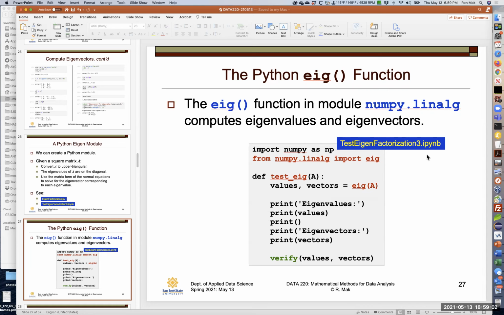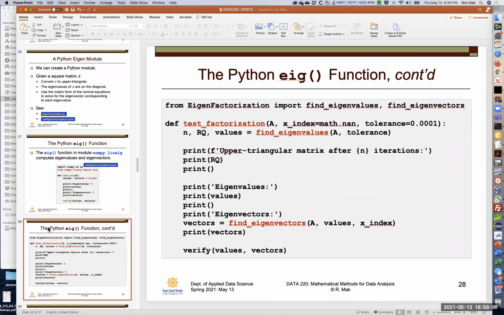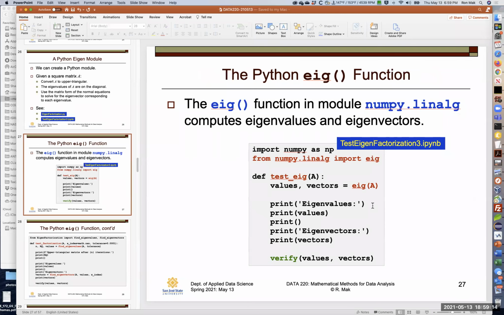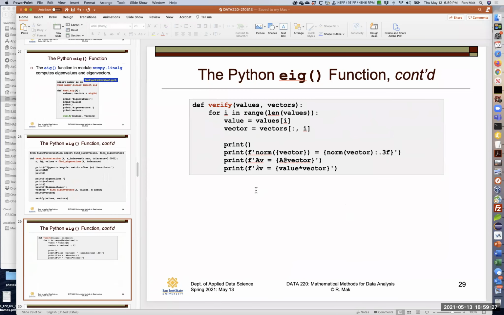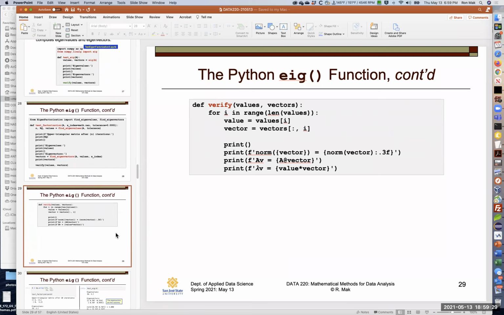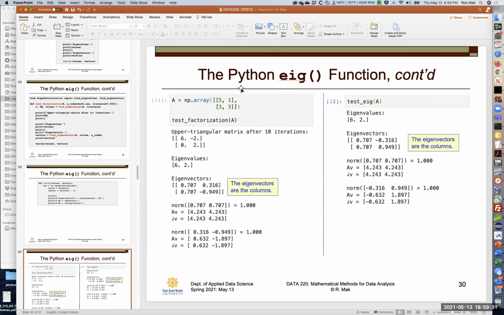All right, that was factorization 3. So let's see what I have here. Here I'm calling find eigenvalues. I think I'm comparing what I wrote against the EIG function. Let's take a look at the EIG function.